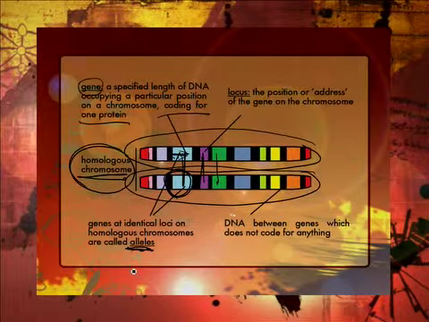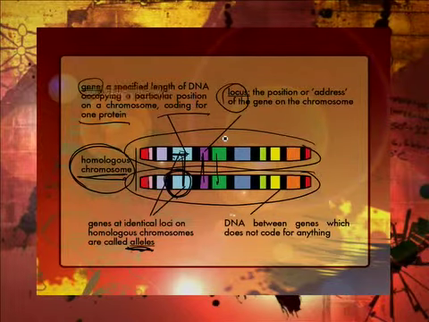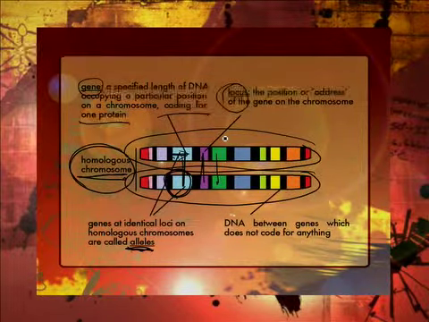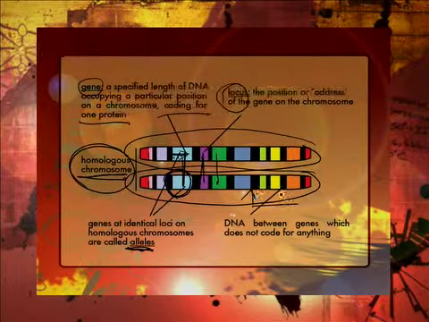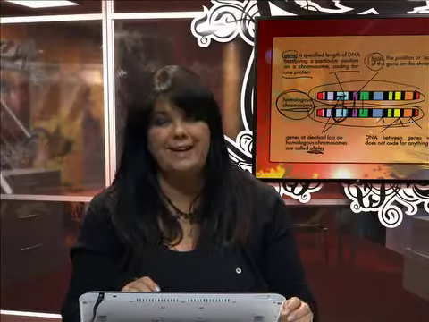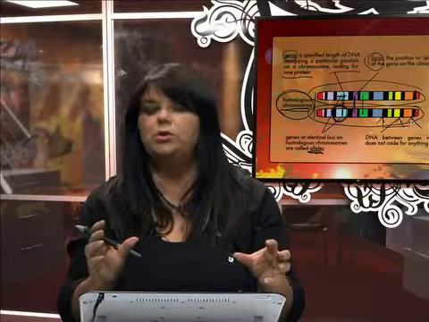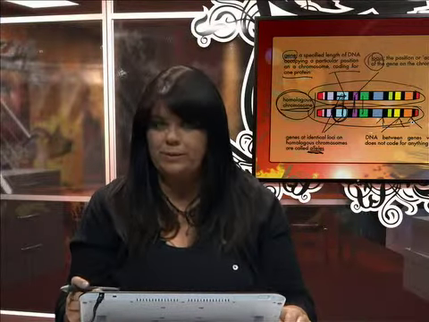Then, the position of the gene on the chromosome, like its address, is called the locus of the gene. And finally, there are bits and pieces of DNA in between the genes that do not code for anything at all, kind of like spaces between words. You get spacer DNA between the genes.